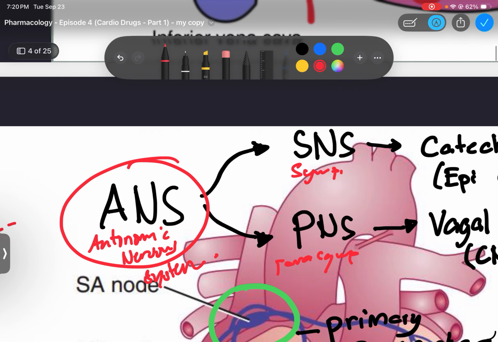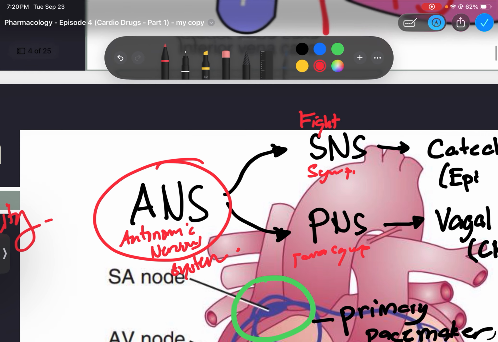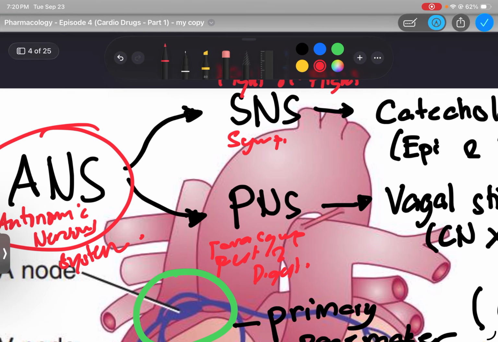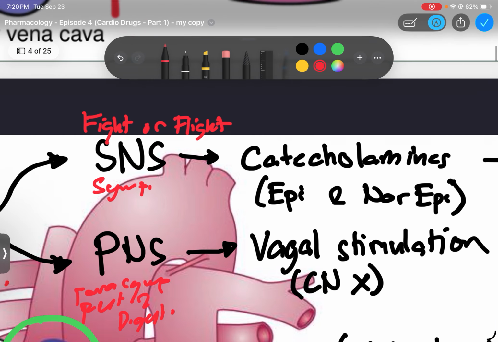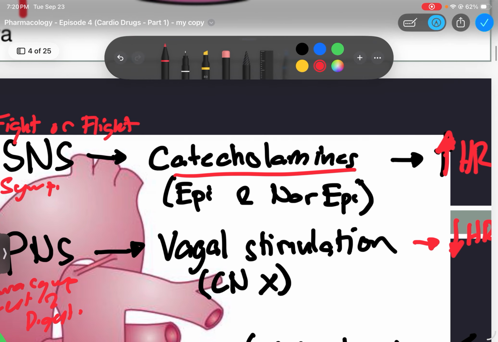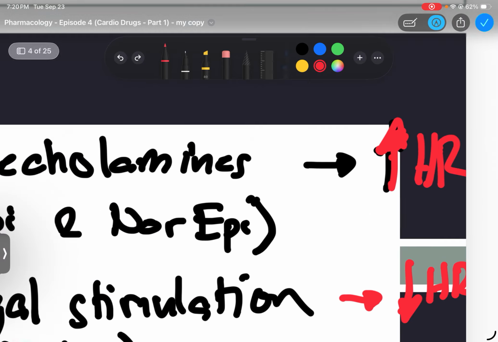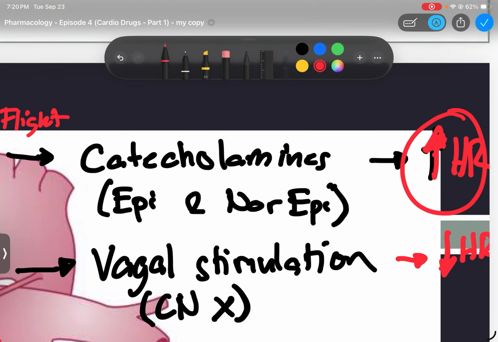The sympathetic is what we call our fight or flight, and the parasympathetic, class, is for rest and digest. Now, the SNS is activated by our catecholamines, epinephrine and norepinephrine. When epinephrine and norepinephrine bind to our beta 1 receptors specifically, they will have the effect of increasing the heart rate.